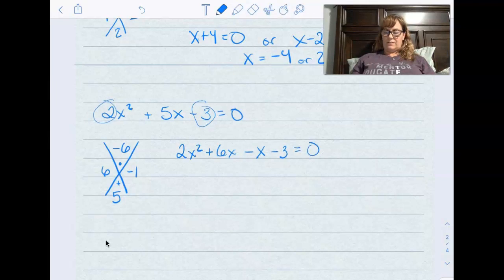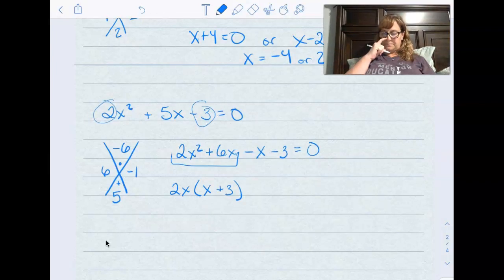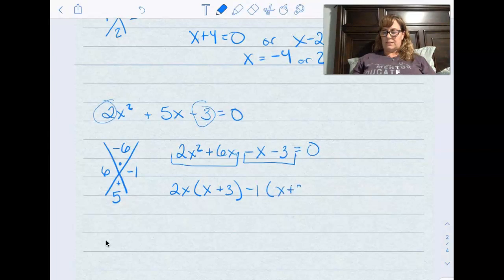Well, remember, when you've got it set up like this, take this first, pull out that 2x, you get left with x plus 3, and then over here, you're going to pull out a negative 1, and you'll get left with x plus 3 equals 0. Now, rewrite it. (2x minus 1) times (x plus 3) equals 0.